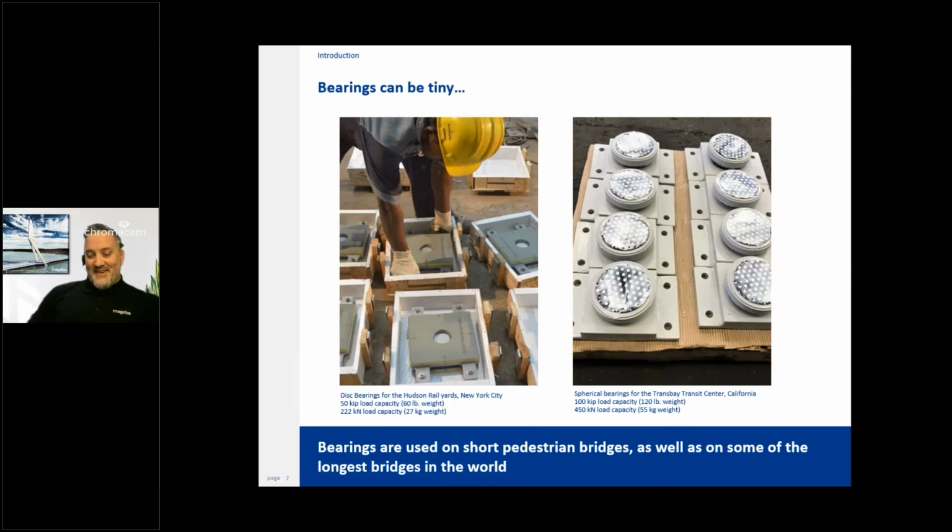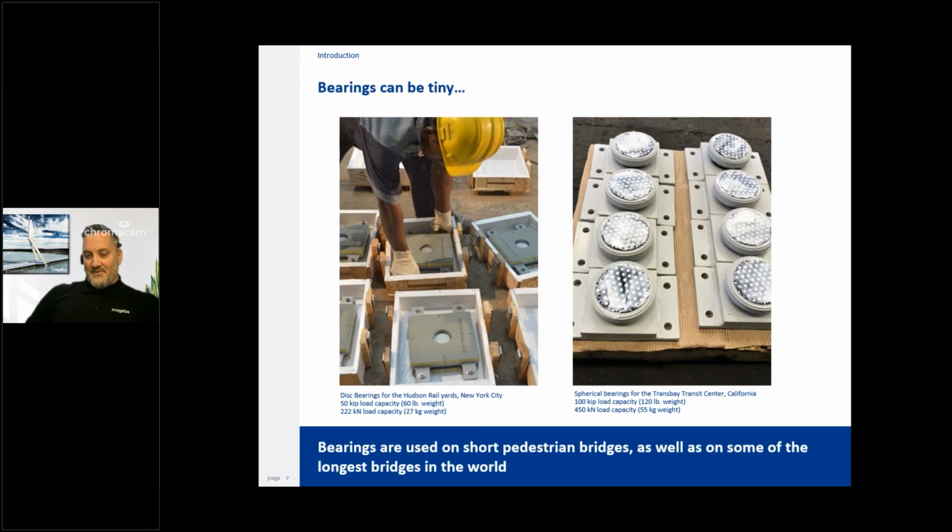And just to give you an idea of the range of possibilities here, bearings can be very small. As you can see here, something like this could be lifted by a single person, something like 30 kilos. A bearing of this type could have a capacity of something like 200 kilonewtons or so.